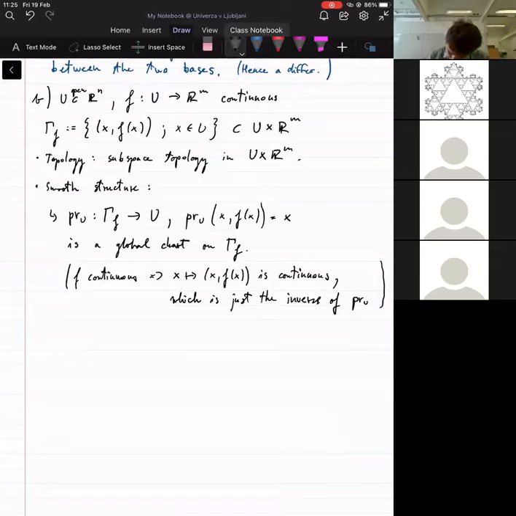So this is an abstract smooth manifold, even if f isn't smooth.